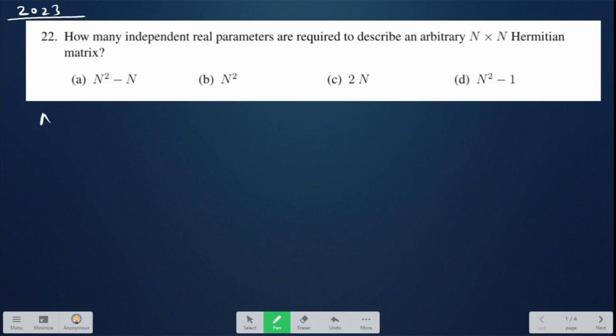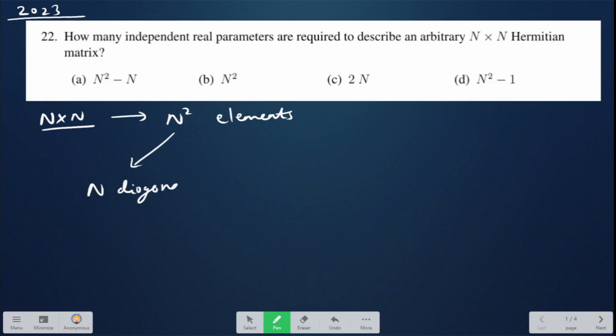First of all, in an n cross n matrix, how many elements are there? N square elements are there. Out of which n are diagonal elements, and the remaining n square minus n elements are off diagonal elements.